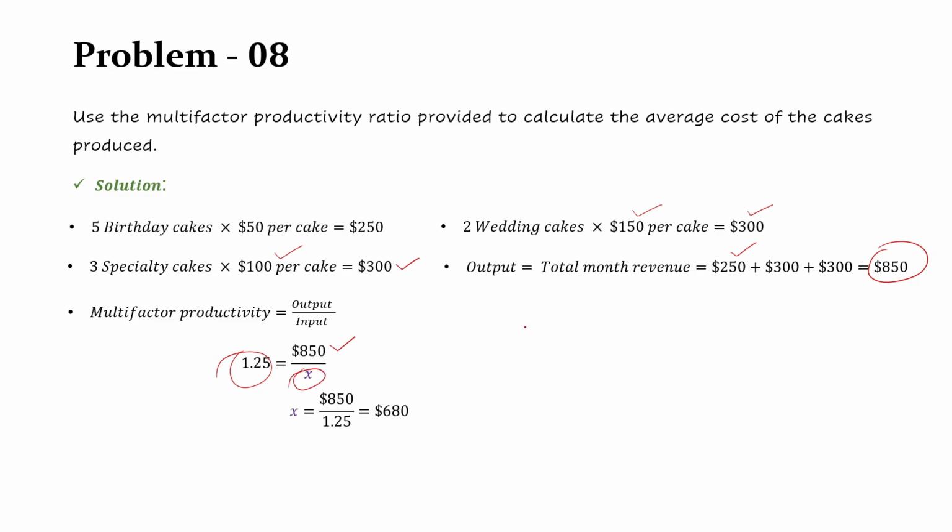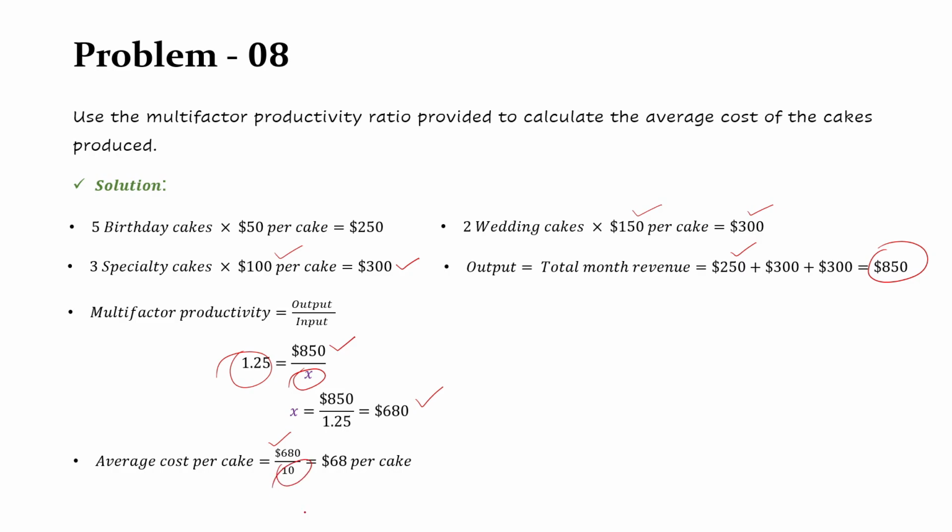Plugging in the values, we have the value of X as $680. Now we are required to calculate the average cost of the cakes. This is the total cost for all the cakes and we can calculate the average cost per cake as follows. The total cost is $680 for 10 cakes.